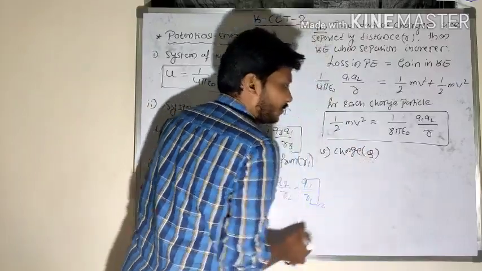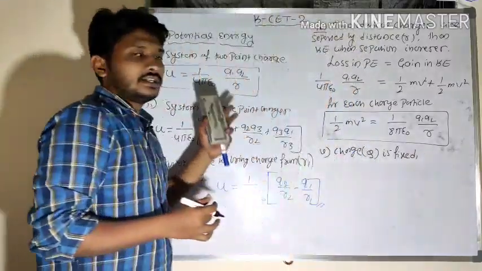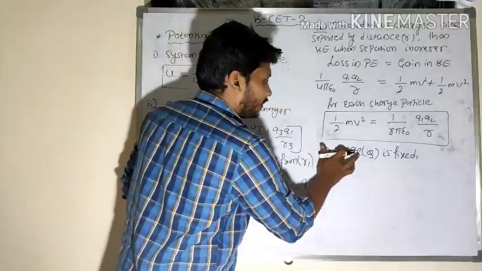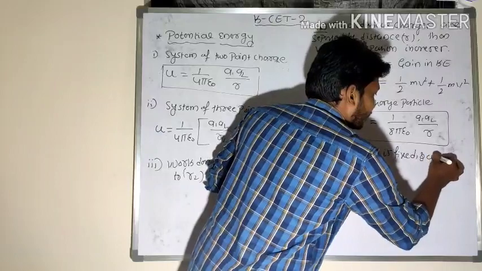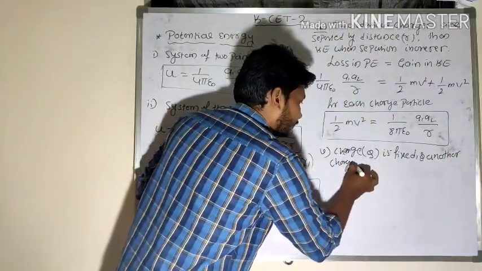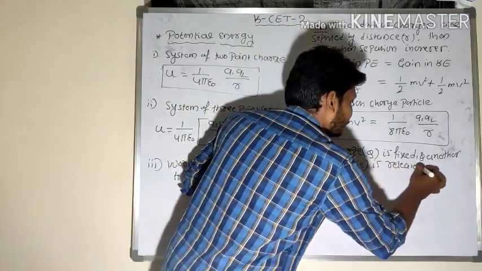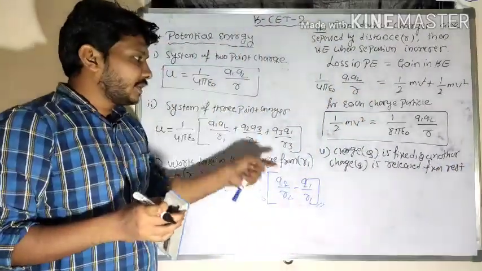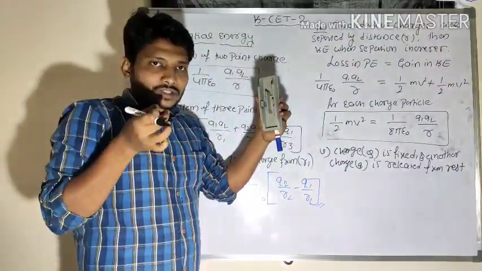One charged particle is fixed here, and at a certain distance from that capital Q, one more charge is there.